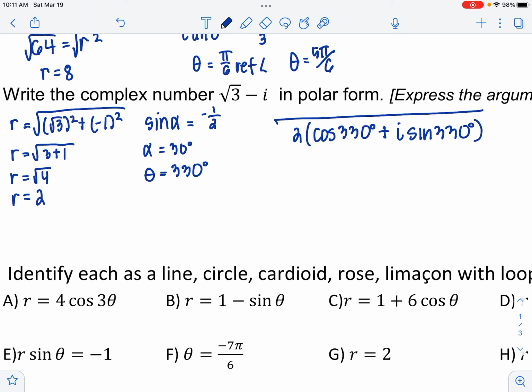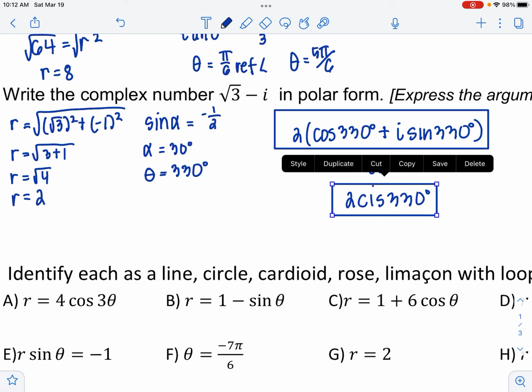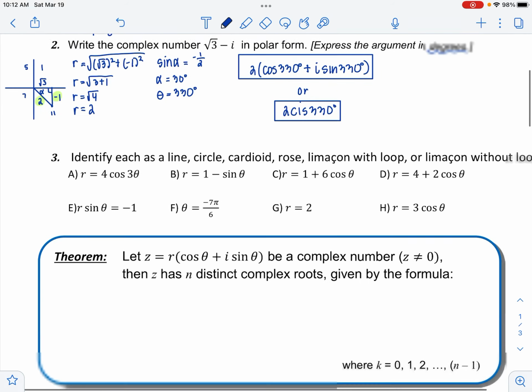That is one way to write your number. Or you can write it in cis form, which I like to write better because it's just easier. So, or you can write 2 cis, which remember means cosine plus I sine of 330. So either one of those is fine. All right, and if it was radians, it'd be 11 pi over 6.